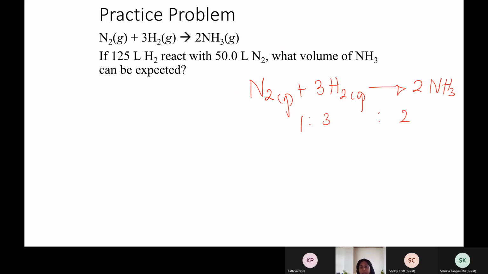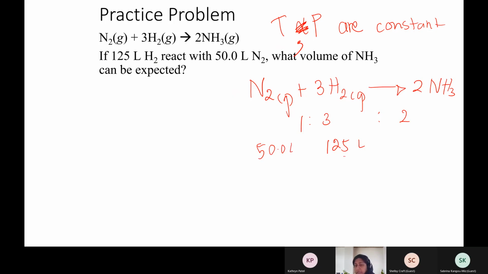It doesn't say anything about the temperature and the pressure. So I assume that the temperature and the pressure are constant. They are kept constant throughout this reaction. Okay, right. So 125 liters of H2 is allowed to react with 50.0 liters of N2, right?